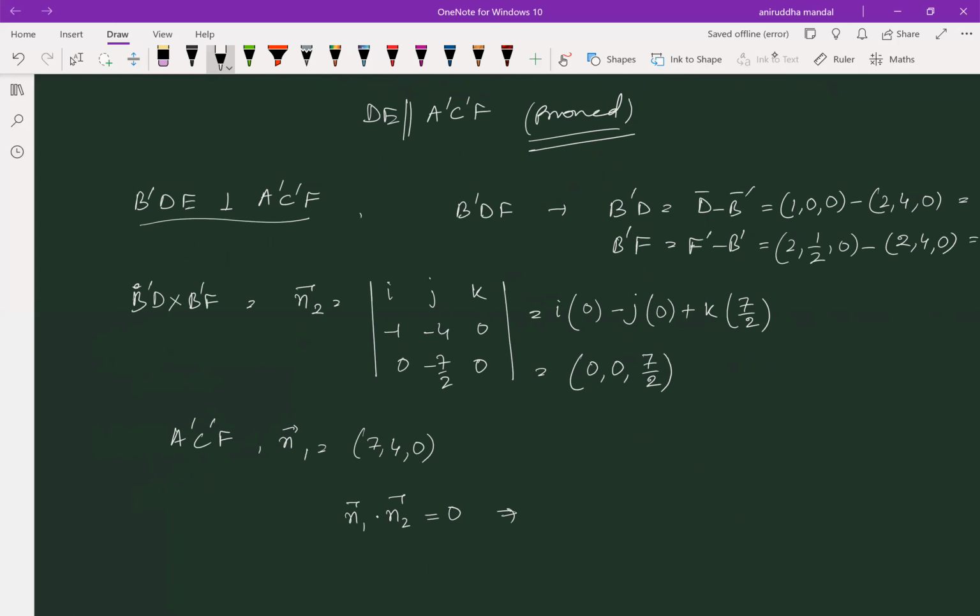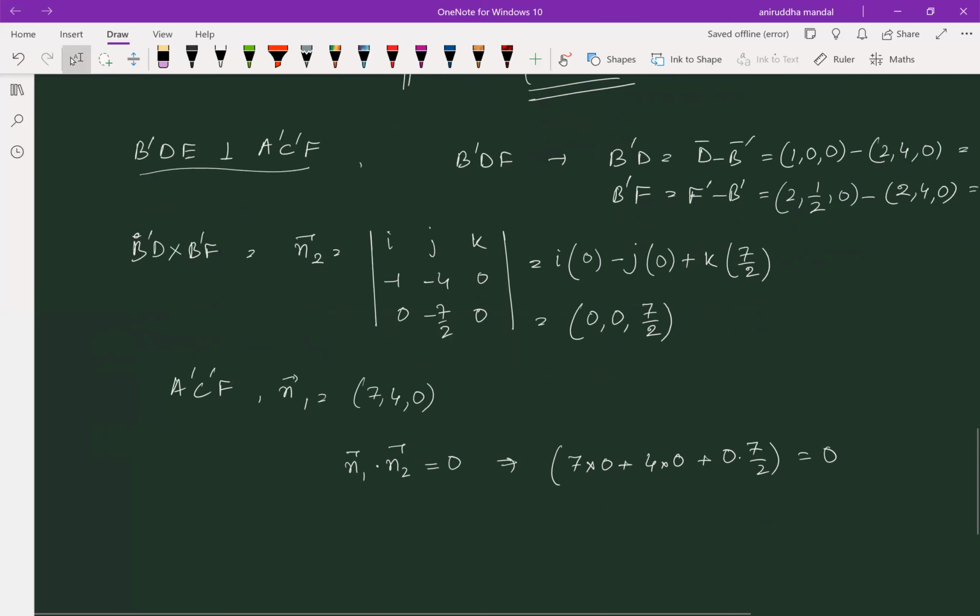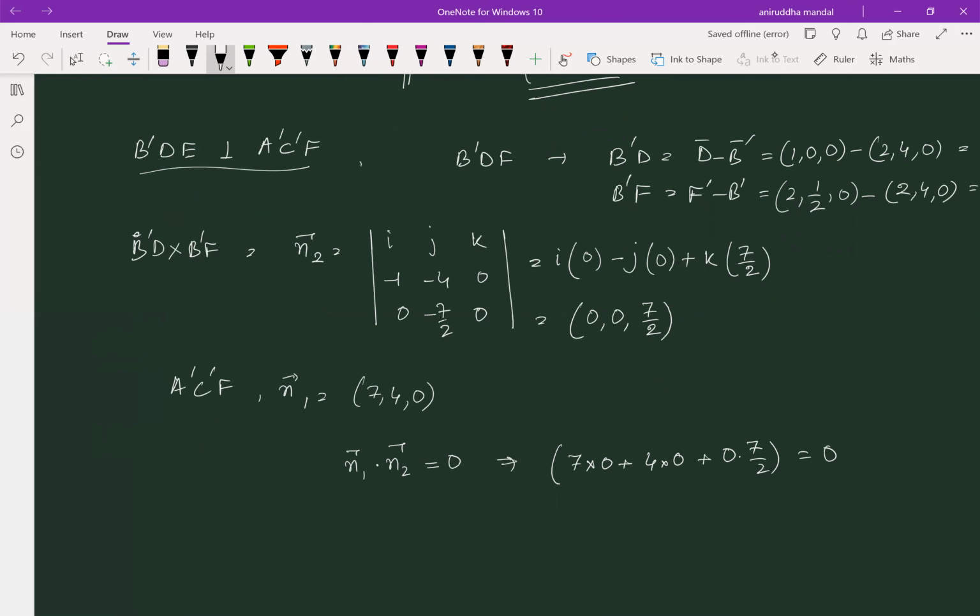Okay, so just make the dot product. So 7 into 0 plus 4 into 0 plus 0 into 7/2. So this is 0. So we have established our second proof that these two surfaces are perpendicular.